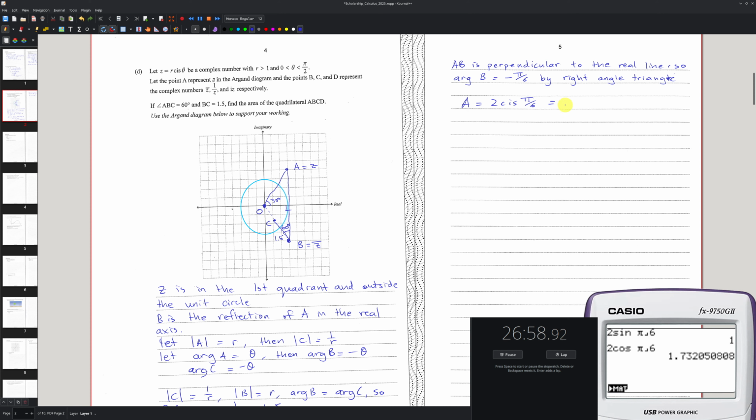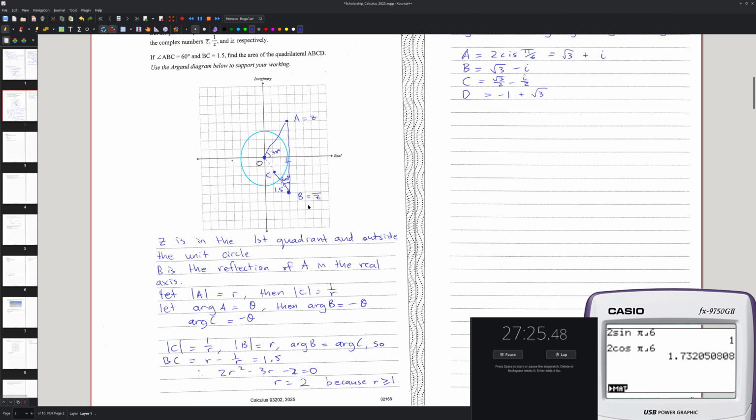That's root 3 plus I. Okay, so B is equal to root 3 minus I. C is equal to whatever a half of that is, I guess. Root 3 on 2 minus I on 2. And then D is equal to minus 1 plus root 3. Okay. Now we're good, right?